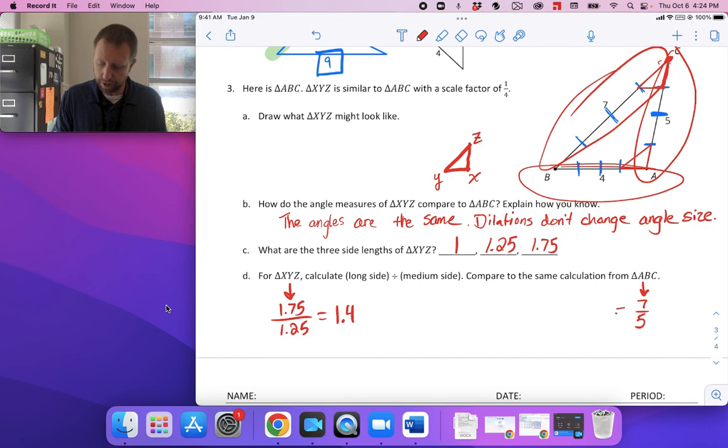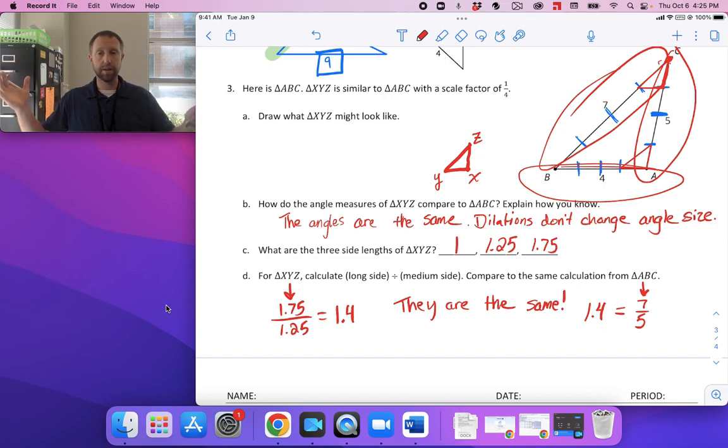If I do that for triangle ABC, 7 divided by 5, I get 1.4. Okay, so they are the same, which is what's supposed to happen. That means that they truly are similar triangles, similar figures, okay?